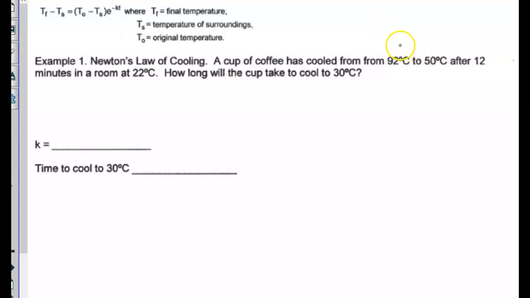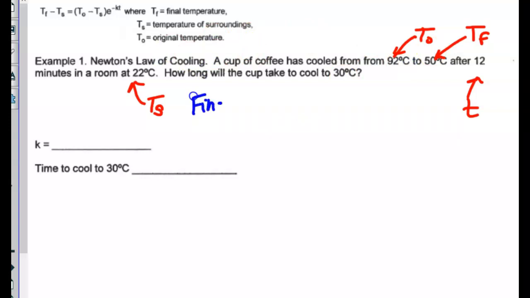So it cooled from this, which is its original temperature, to this, which is its final temperature, after 12 minutes, which is t, in a room that's 22 Celsius, which is the temperature of the surroundings. Okay, all those in the first sentence are only helping us find k. Then we're going to go back and use that k value to figure out the second part here.